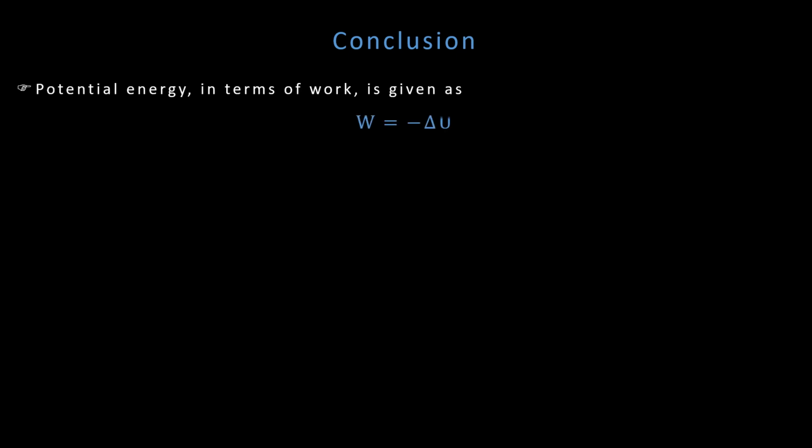So that was the topic. Let us conclude now. Potential energy in terms of work can be given as W is equal to minus delta U. This is a concept from our 11th standard physics, so no doubt should be there.